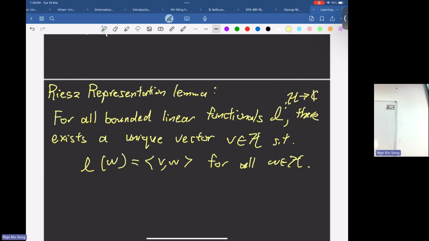So what is this result here? If you have a bounded linear functional, then your linear functional just acts like some inner product, by fixing one variable here, v. Does it make sense? So if I want to write this in a map form, maybe I can write like this. The function.